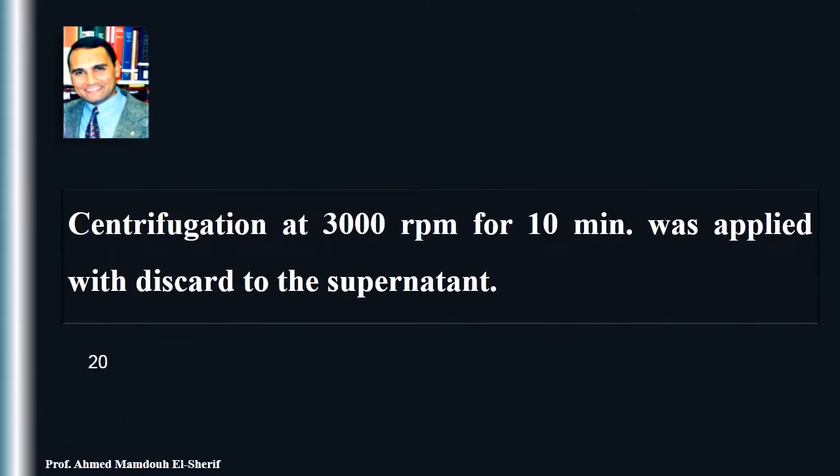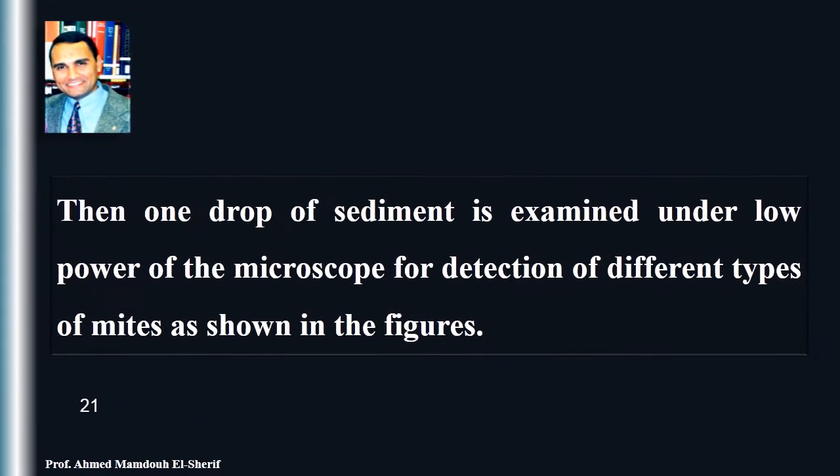Then centrifugation at 3000 revolutions per minute for 10 minutes is applied, with the supernatant discarded. Then a drop of sediment is examined under low power of the microscope for detection of different types of mites, as shown in the following figures.